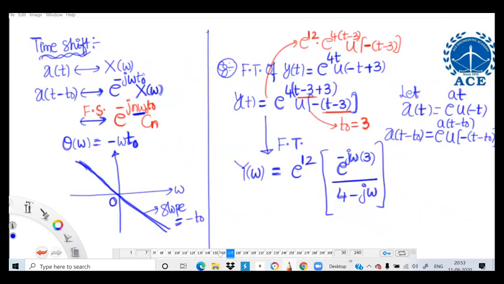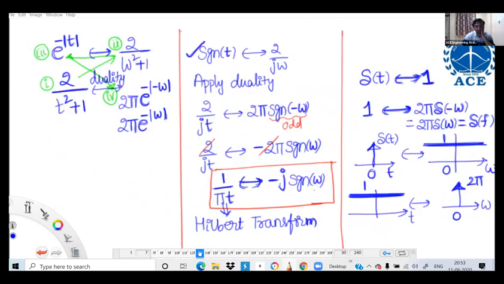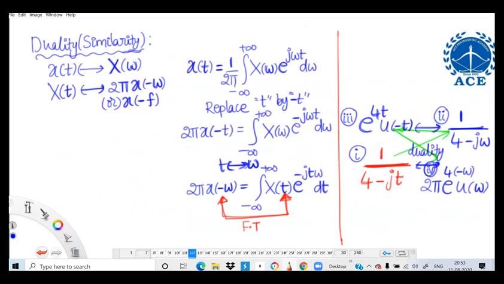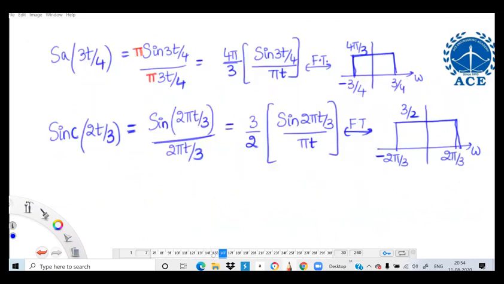Wait a minute. There are so many questions here. No, that is right. Tomorrow you can ask me. Sir, that sample question, rectangle function, what is it? Rectangle of t plus 5 divided by 4. That was the question. Oh, shifting property. Okay. Wait.